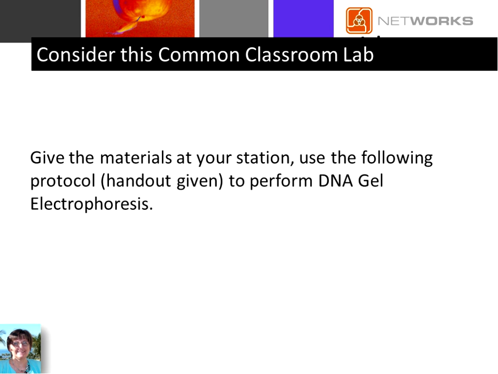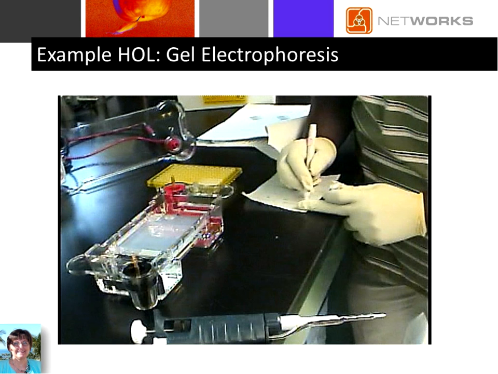Usually, when you want to do a laboratory, such as gel electrophoresis, you give a protocol to your students. And the protocol will say something like this: given the materials at your station, use the following protocol, and you give the handout, to perform the DNA gel electrophoresis.